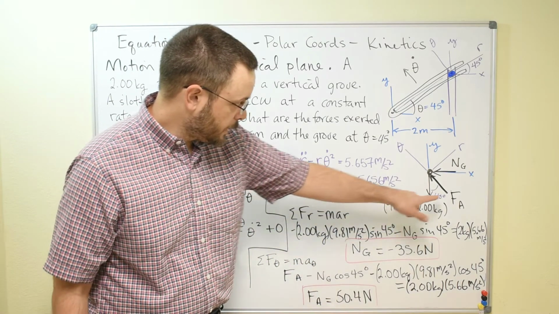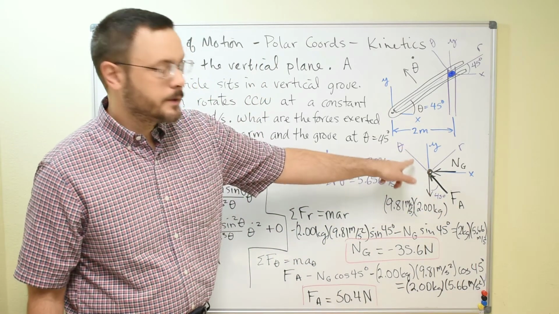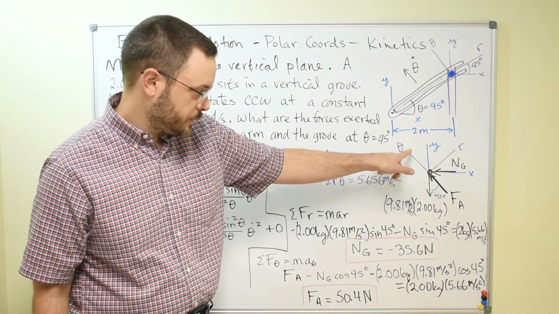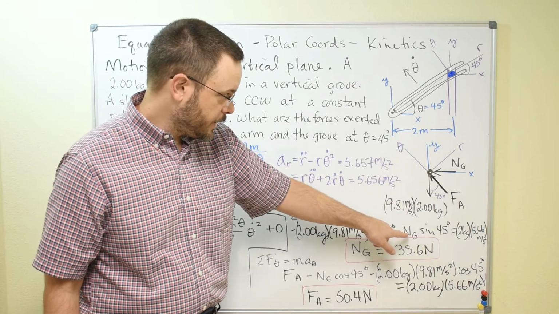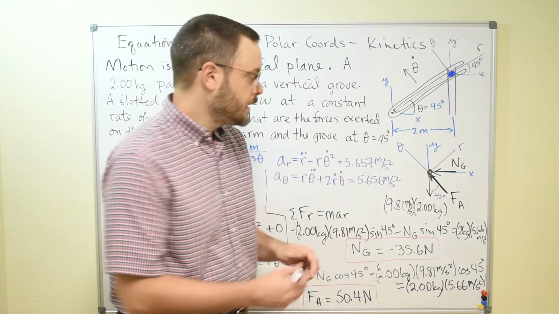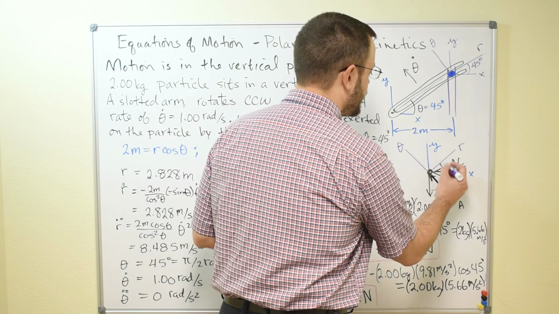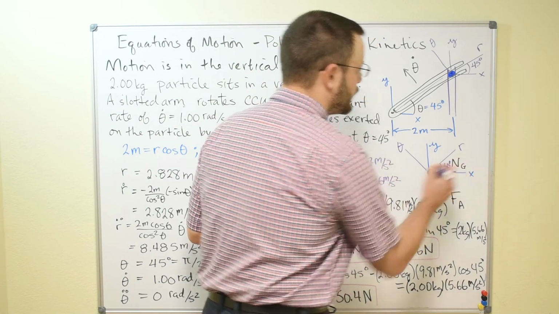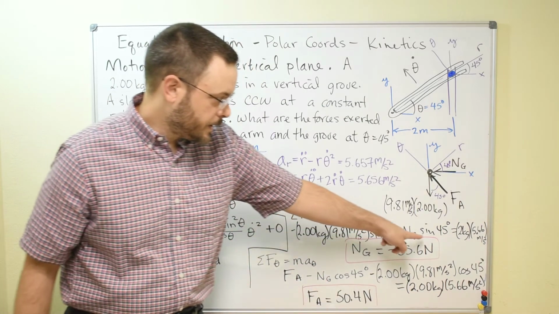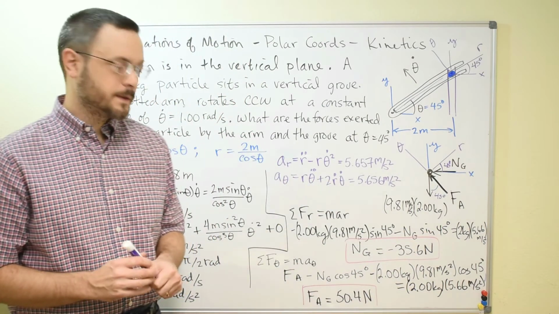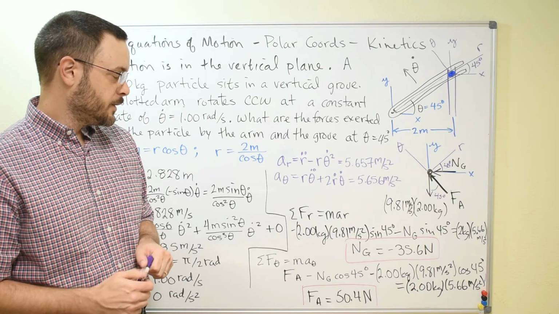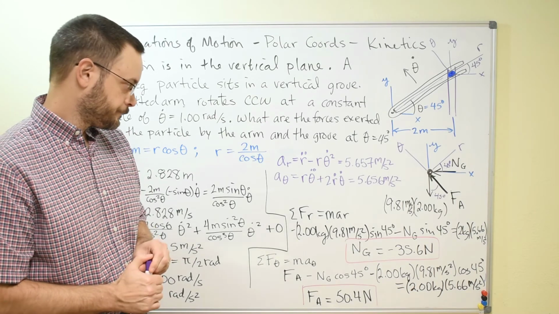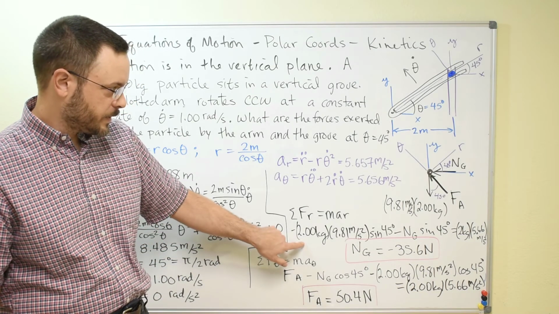And then we'll have nothing from FA because it only goes in the theta or transverse direction. But we'll have the NG, and there's another 45 in here. So we'll have the normal force from the guide times sine of 45, and it's going in the negative r direction, as is the weight.